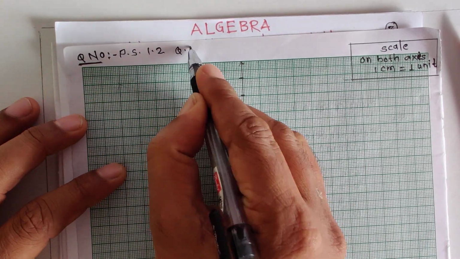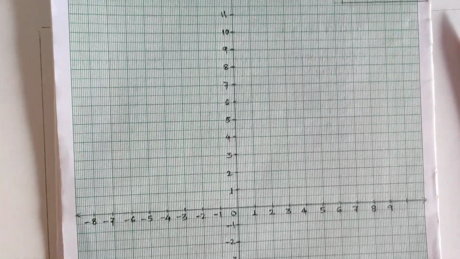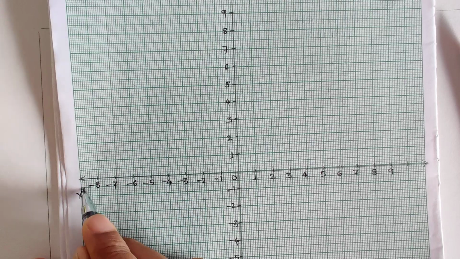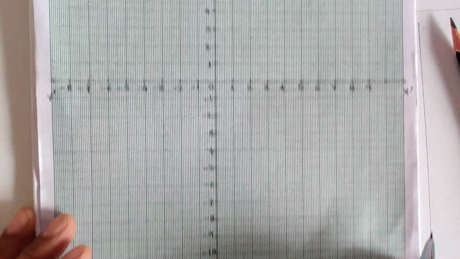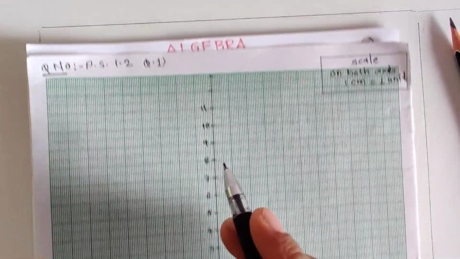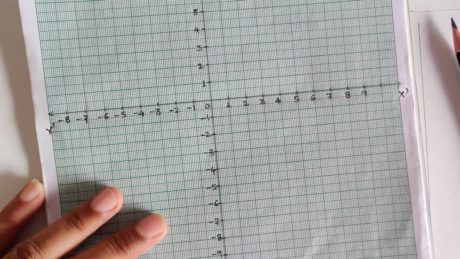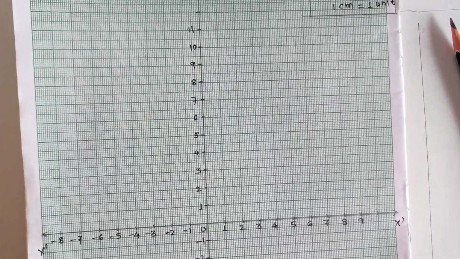So first draw the horizontal axis, that is called the x-axis, X O X dash, and the vertical axis, that is the y-axis, Y O Y dash. That is called the Cartesian coordinate system.